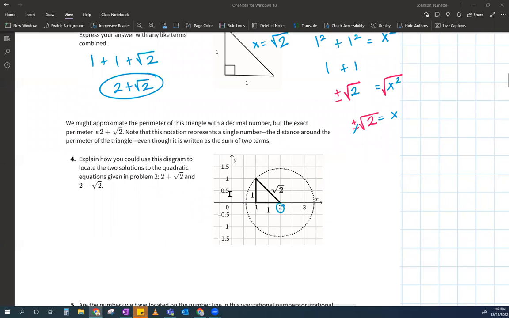So I need you to pretend that you went on a run, okay? And you started at 0 and you went running. Here's you running, and you ran 2 miles, which is great. Miss Johnson, she didn't like running. That's okay. And then you take a break, and then it says that you ran for root 2 of a mile longer, right? Does that make sense? So if I continued on the same path, where would I end if I continue running root 2?